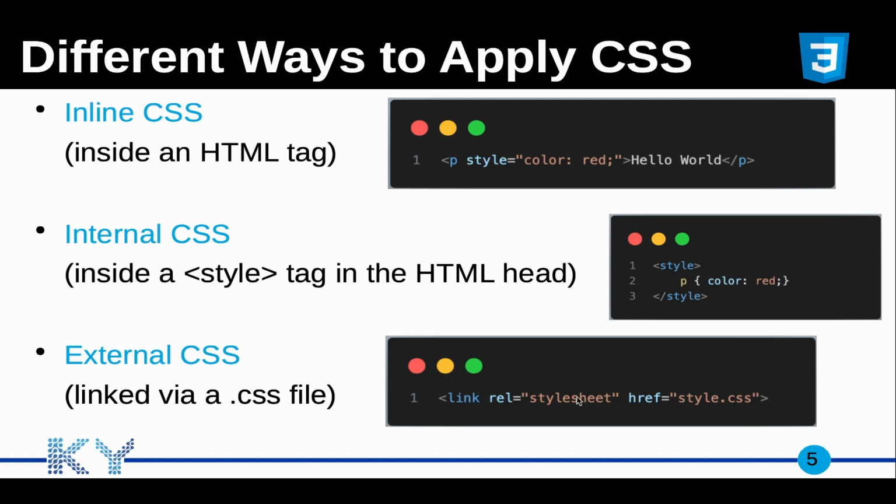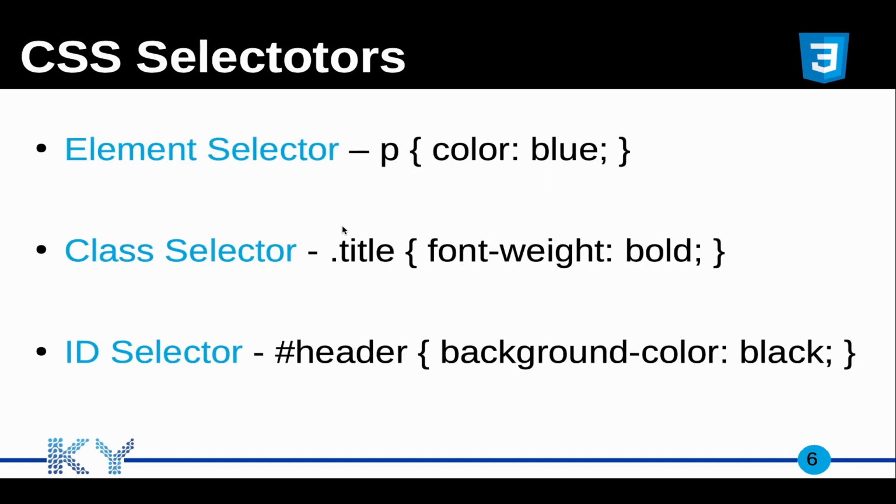The link tag is self-closing, mind you. You link it through rel stylesheet and href to your CSS file. In this case, we named the CSS file style.css. It can be anything actually. So that's about it.